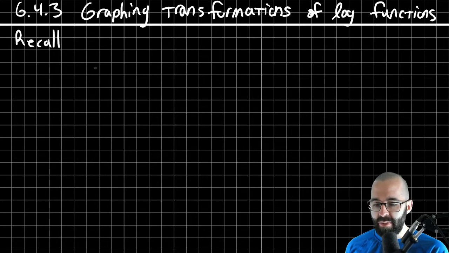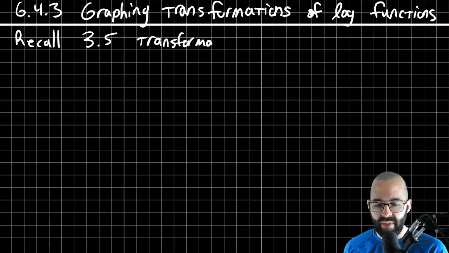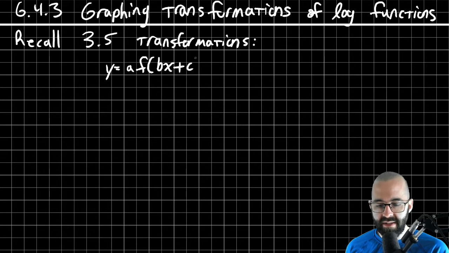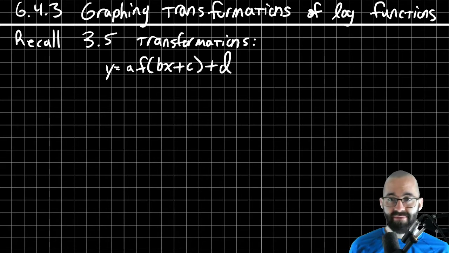Okay. There's a bunch of function transformations. And we can combine them all by writing things in this form. If we have some a times f of bx plus c, plus d.